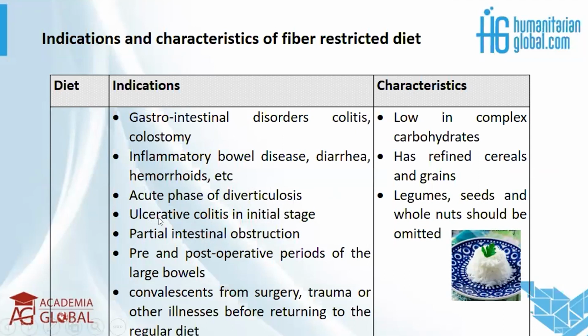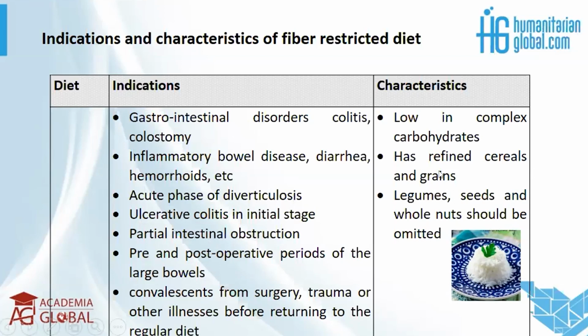At the same time, it's also having ulcers. That's a very bad condition in its initial stages. And then the other conditions like partial intestinal obstruction, pre and postoperative periods of the large bowels, convalescence from surgery, trauma, or other illnesses before returning to the regular diet.